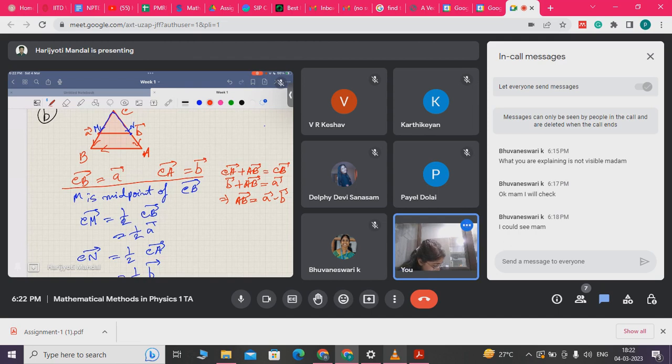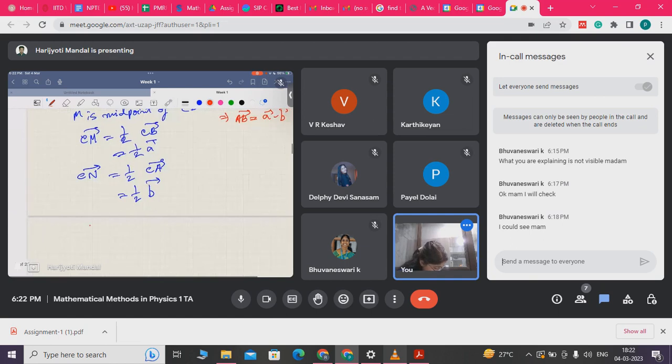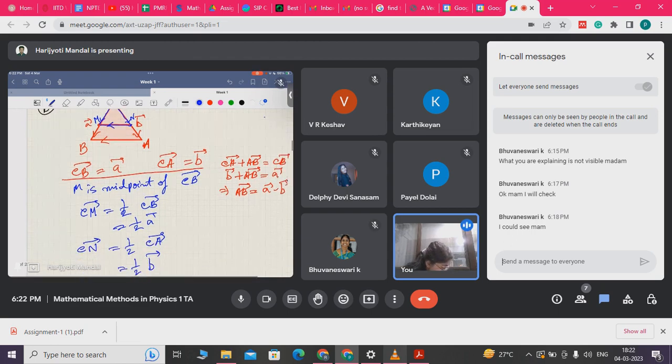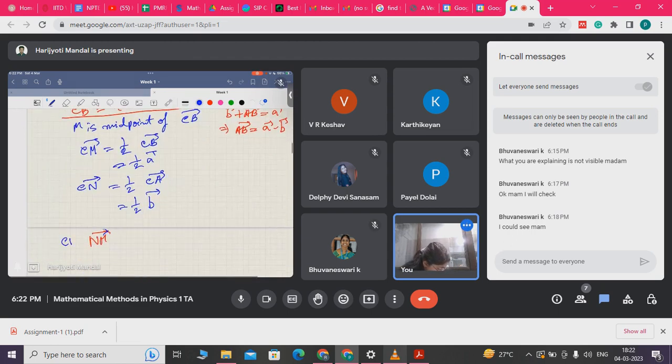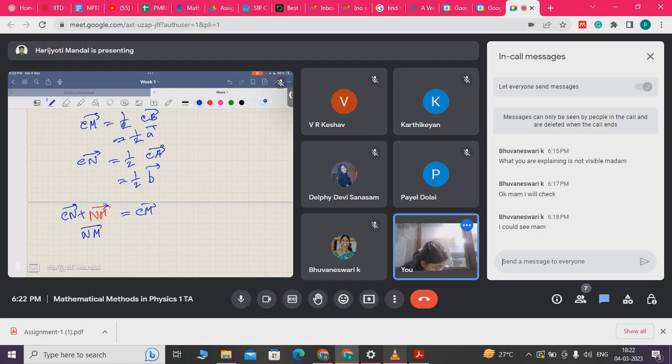So if I want to know the vector NM, I will consider this triangle CNM. From this triangle we can see that CN plus NM is equal to CM. We are interested in NM, so NM is equal to CM minus CN.